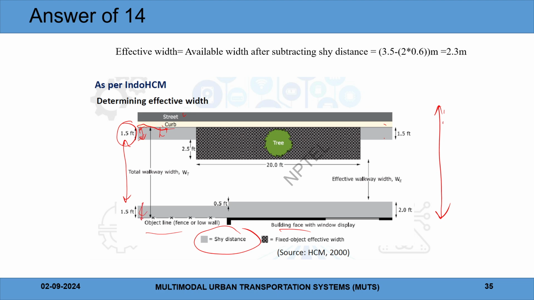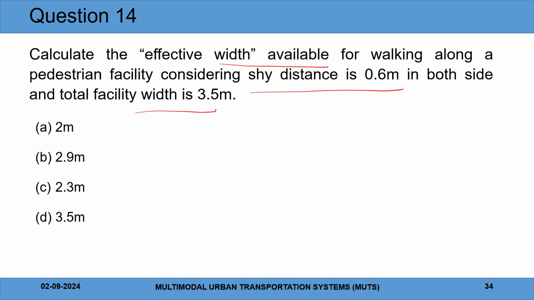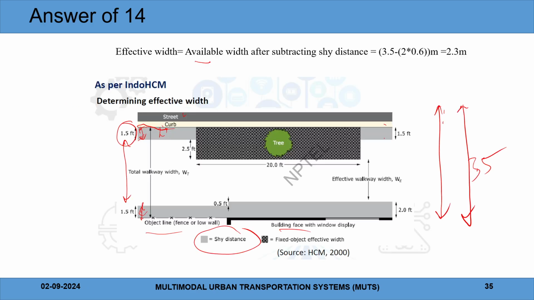On both sides they will maintain a certain distance. Even if we give a total length of 3.5 meter, that is the total facility width, effectively people are walking only in this portion.